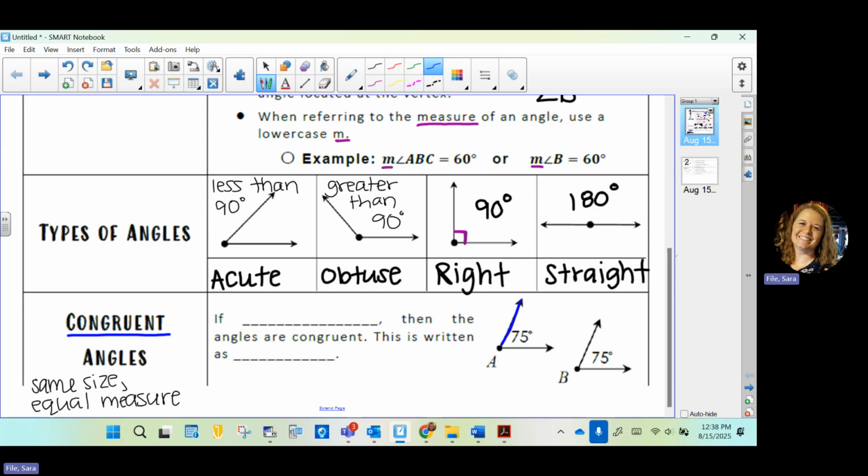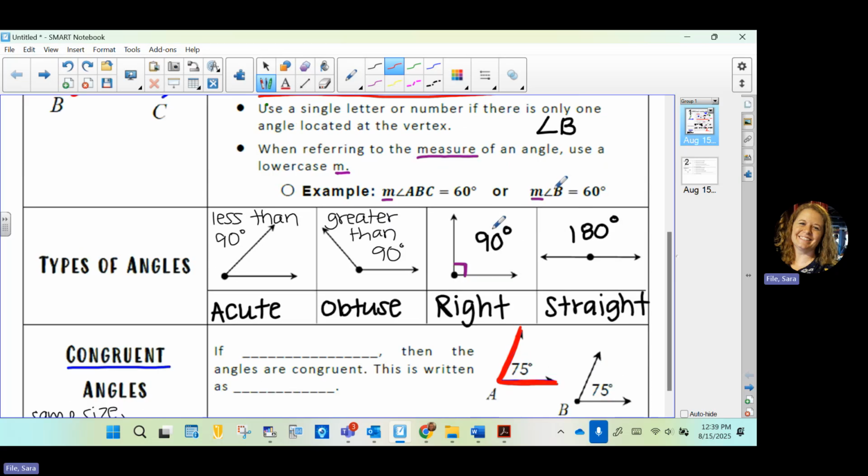Okay, so here we're going to name these two angles. What would this first angle be called, this blue one? Or I'll do it in red since I underlined congruent in blue. How would you name this angle? Remember, we can name it with one letter. So we would just say the angle B, right? Okay, so we're going to use that little M that we said means measure.